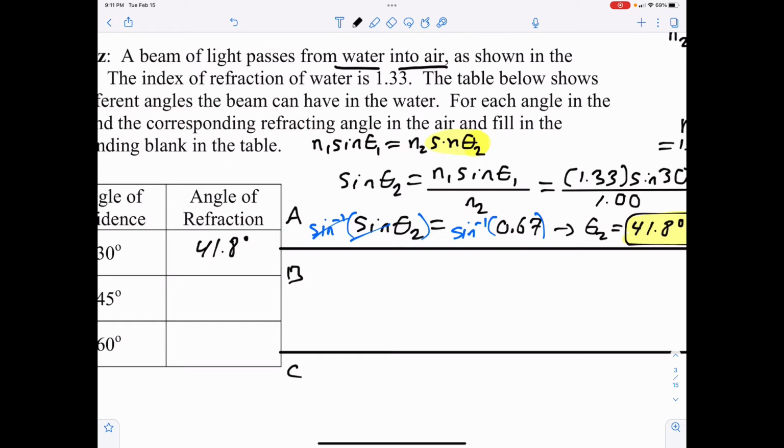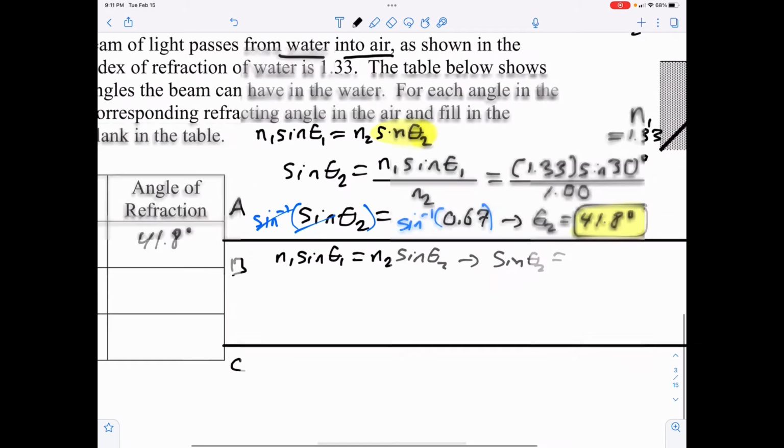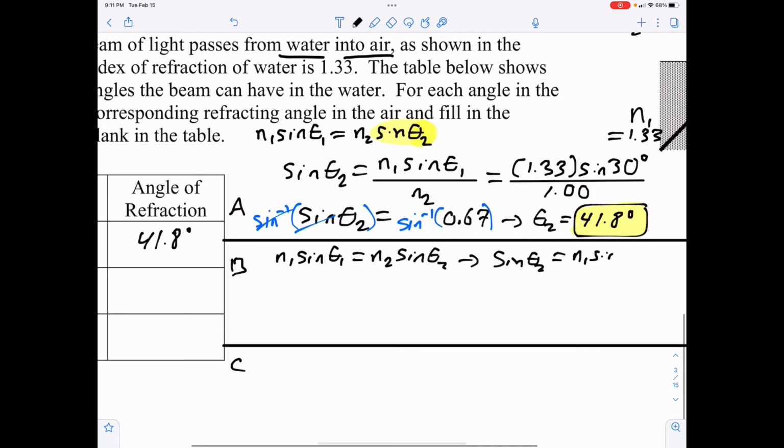Now, same thing. We're going to go N1 sine theta 1 equals N2 sine theta 2. Sine theta 2 is going to be N1 sine theta 1 divided by N2. So we're going to divide both sides by N2, basically. That's where we'll start.